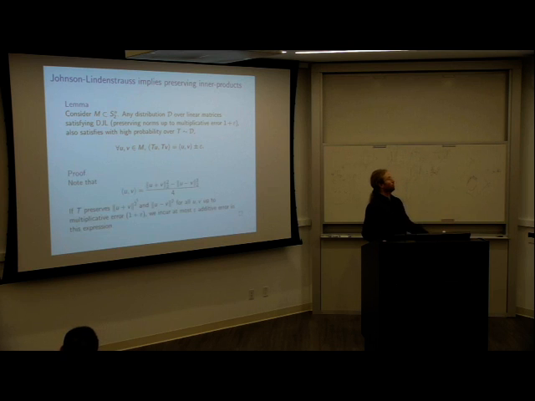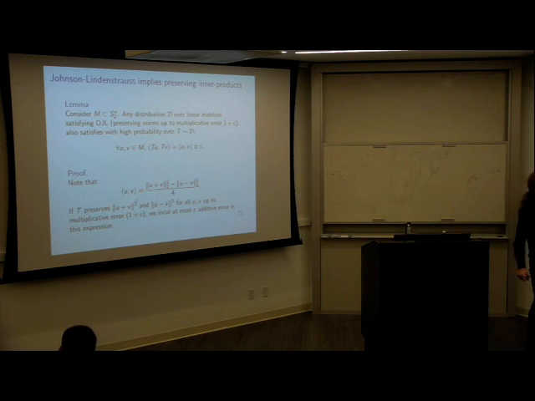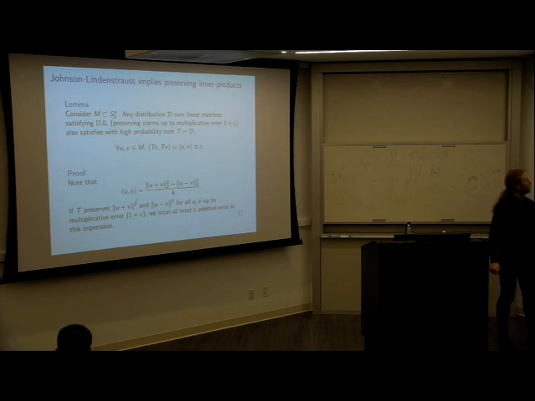This is the simplest and most boring part of the argument. You just observe that you can express the inner product in terms of the squared norm of a sum and the squared norm of a difference. So this is just an equality.